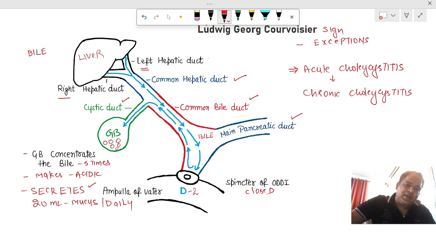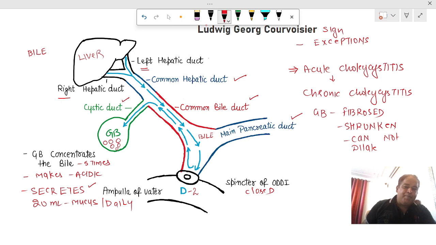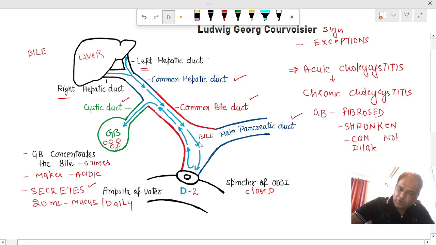Now, what is chronic cholecystitis? The gallbladder is fibrosed. The gallbladder is shrunken. Fine. That means the gallbladder cannot dilate, it cannot become big.